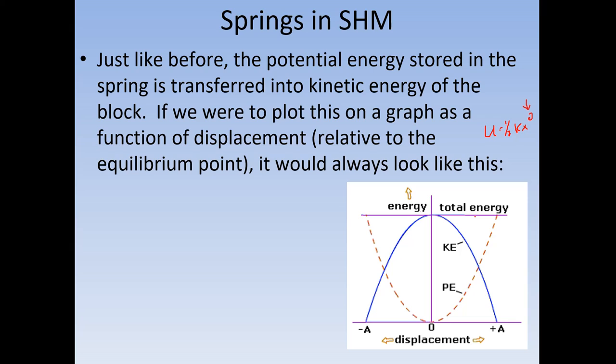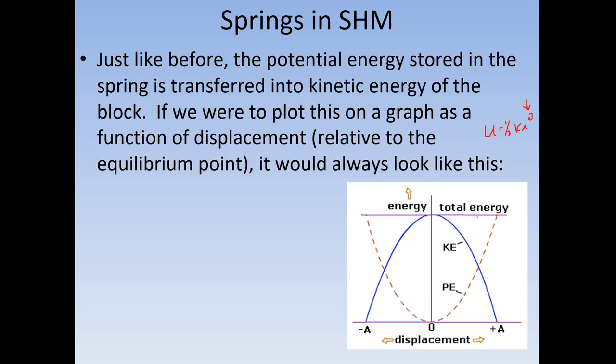I already kind of showed how these graphs come about, but once you have the potential graph, the other ones kind of fall into place. Kinetic energy is almost always the inverse of whatever graph it's being converted from and to. So a lot of times when you're making graphs, you usually have almost like a one-to-one conversion, where it's going from one form of energy to another: potential to kinetic, kinetic to work, or something like that.